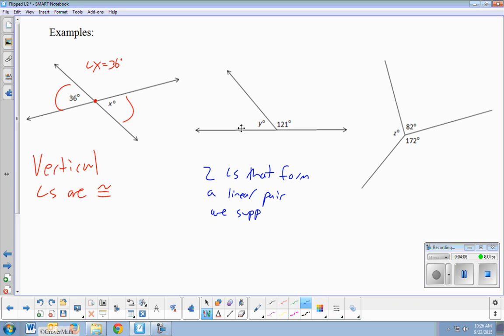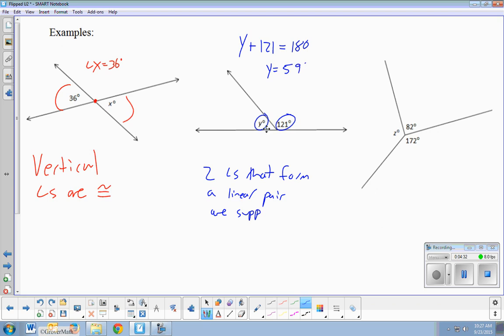I see that these angles together form a 180 degree half circle. That means they together are 180 degrees. So this angle plus this angle is 180. So y plus 121 equals 180. And if I subtract 121, if it were just 120, I would end up with 60, but it's one more than that, so 59 degrees.